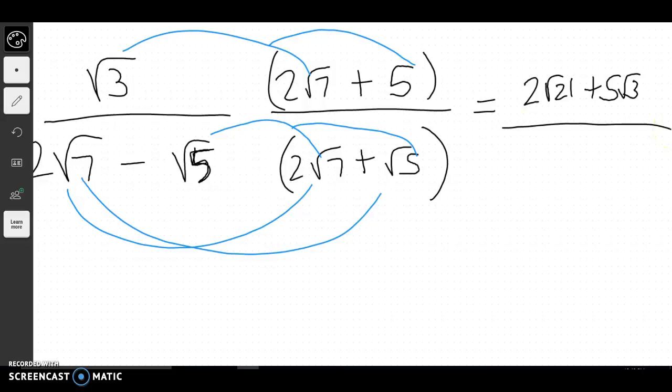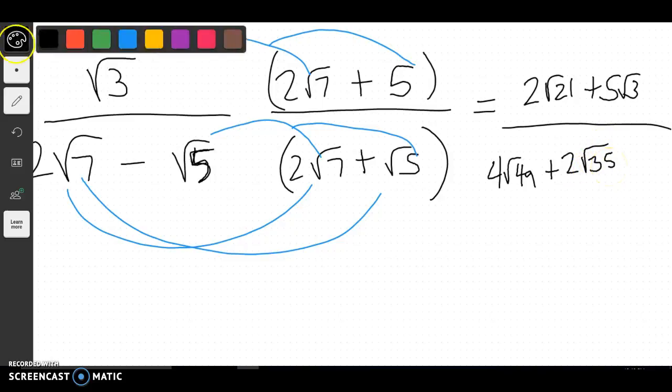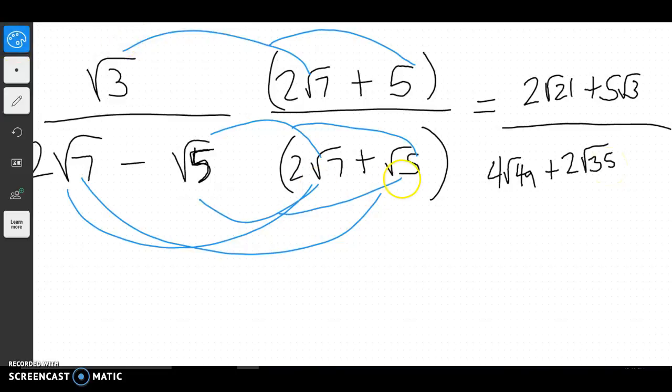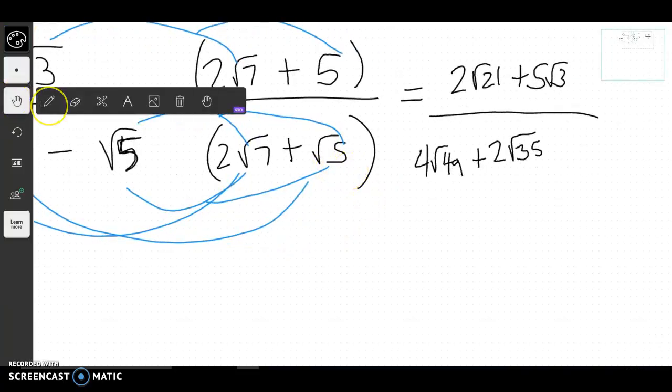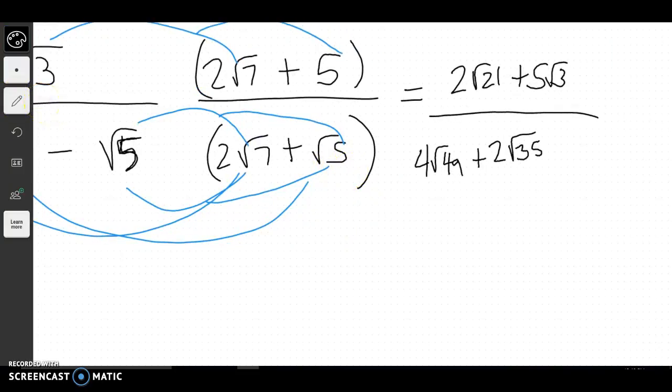And then on the bottom, I would get 4 radical 49 plus 2 radical 35. And then when we distribute these bottom two, we would get negative 2 radical 35, and then negative radical 25.